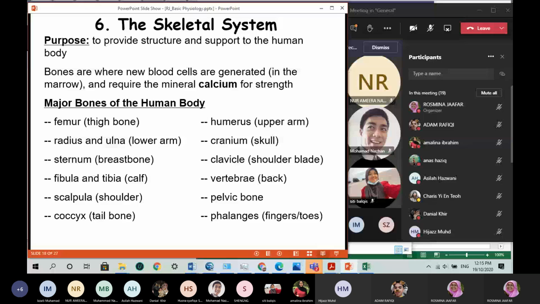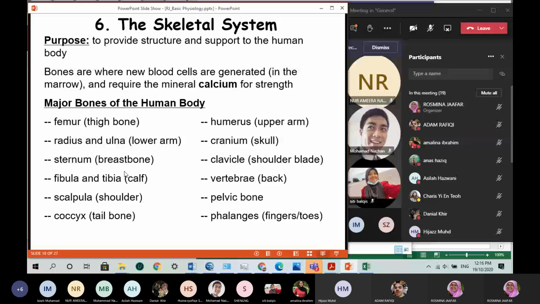Okay, so you have major bones of the human body, the thigh bone, the femur. These are all the scientific names. In the bracket is a layman's term describing the bone's name. You have the radius and ulna in the lower arm. You have the sternum, the breastbone, which is your chest bone that protects the internal organs, protects your heart, protects your lungs.